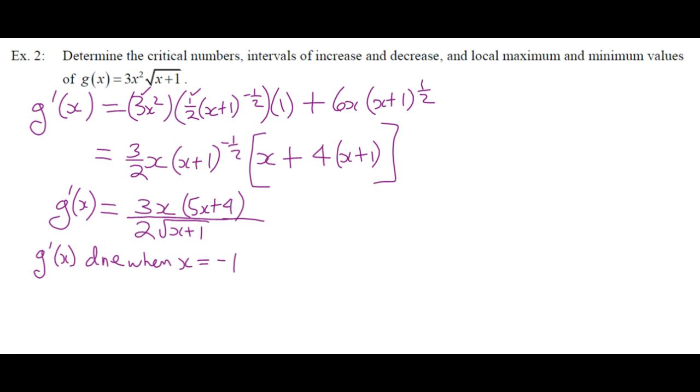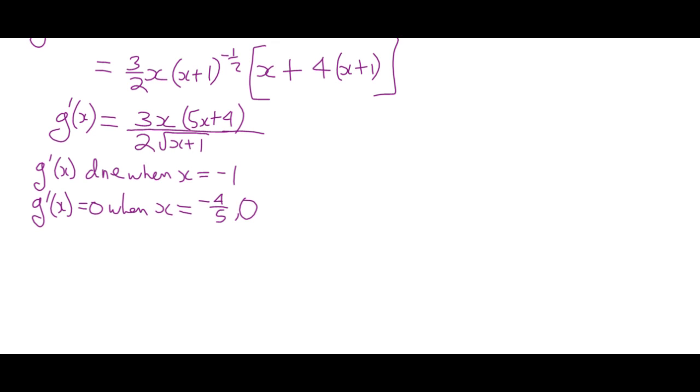And when is g prime of x 0? So when x is -4/5 and 0, right? You just change the sign on this and stick it over that, so -4/5, moving sides.